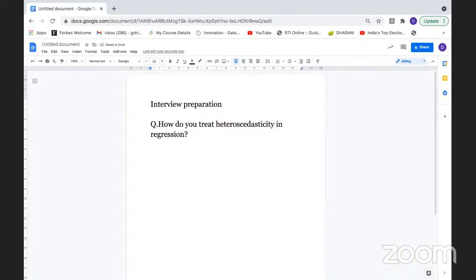How should the treatment be given if at all we come across a heteroskedasticity problem in regression?